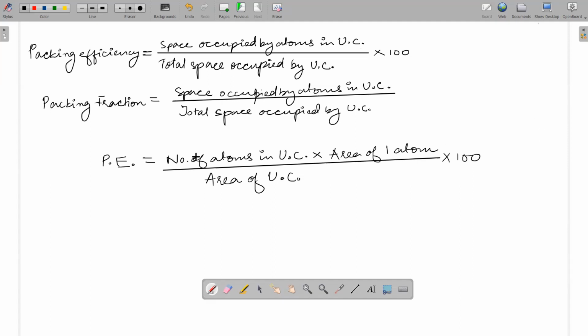Everyone, can you understand this? Number of atoms in a unit cell into area of one atom upon area of unit cell.